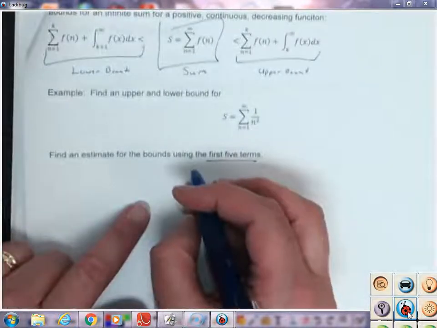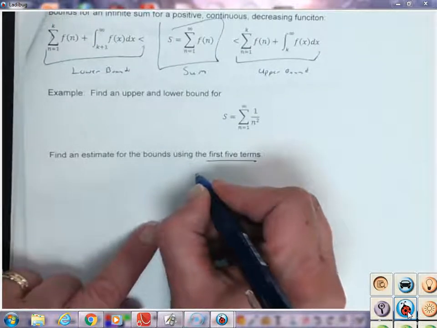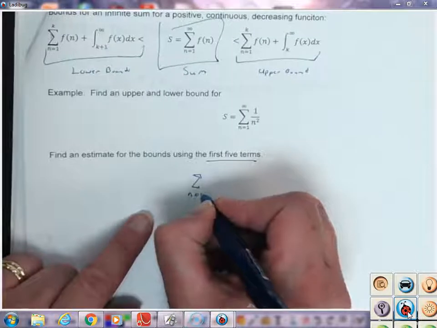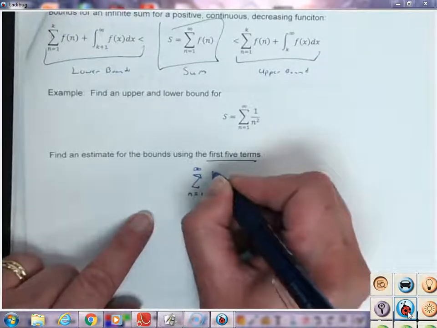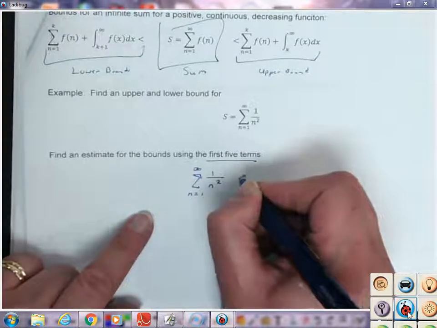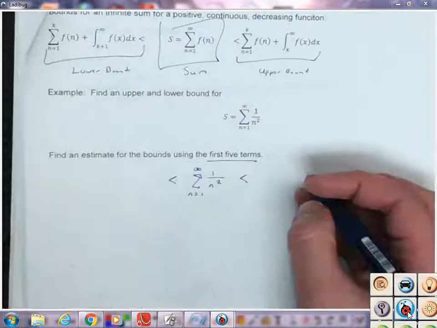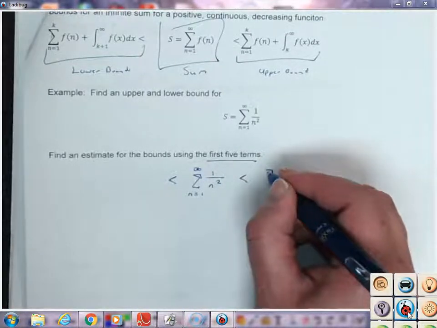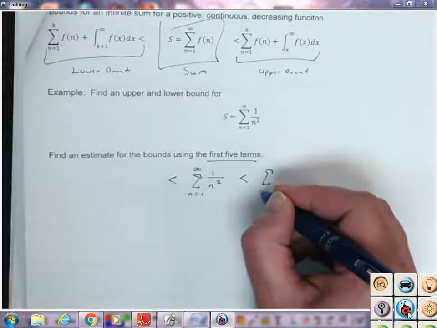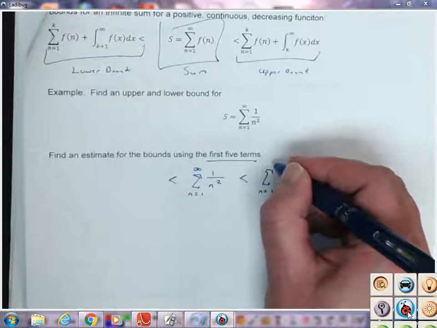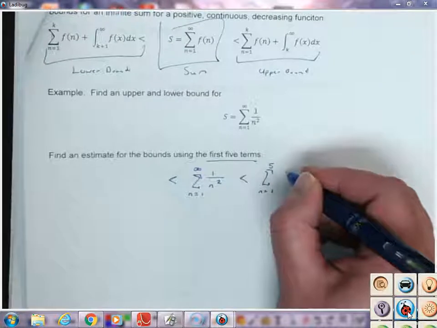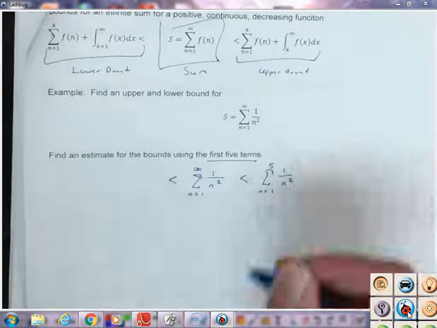Okay, and so what we're going to do is we have the sum from 1 to infinity. That's what we want to find. And we're going to create an upper and a lower bound. So our estimate is just the summation from 1 to 5, because we're going to use the first 5 terms to estimate it. Okay.